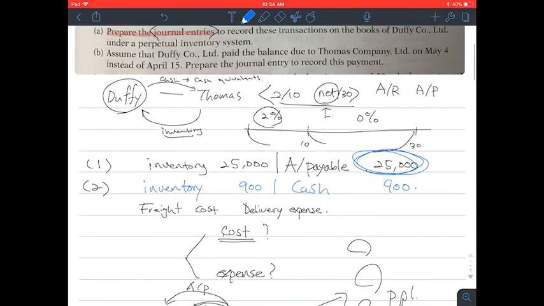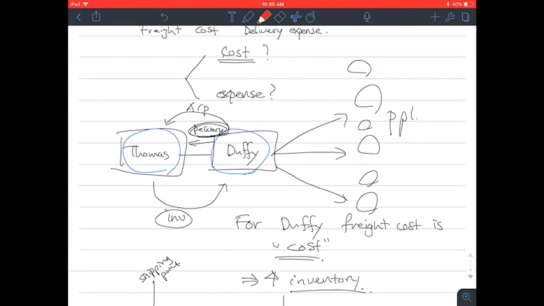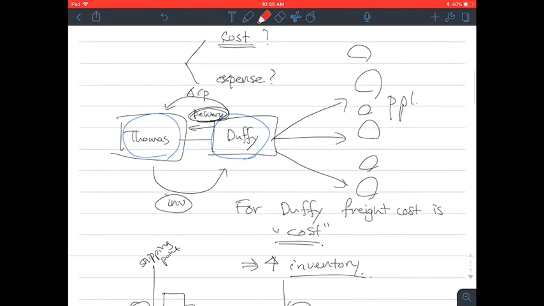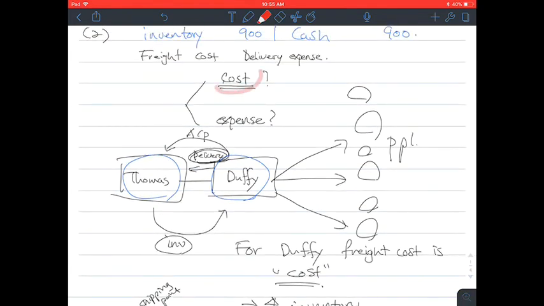Very easy question. So what you have to know here, most important in this question, is how are you going to treat the delivery expense? Are you going to view it as cost, or are you going to view it as expense? So for Thomas, Thomas is the seller, and if Thomas pays the delivery, then it is expense.